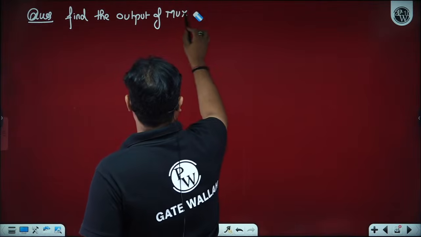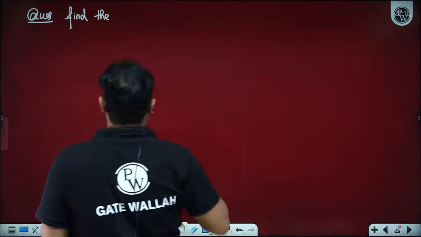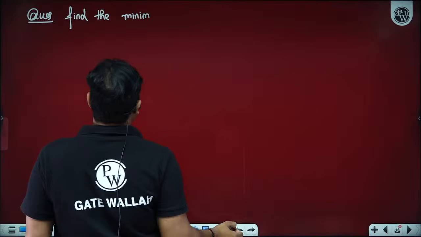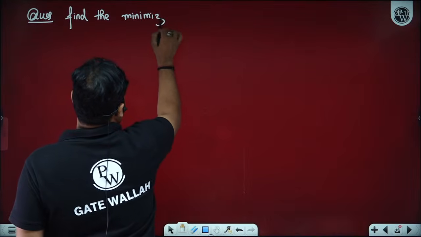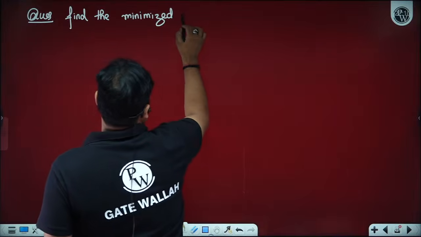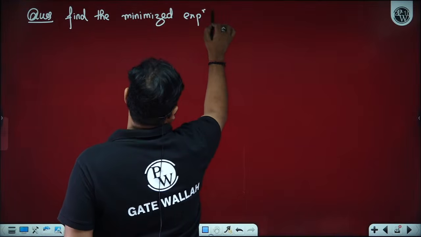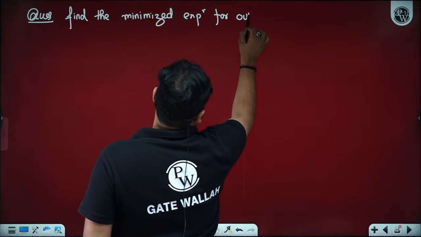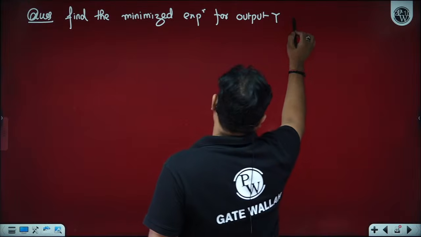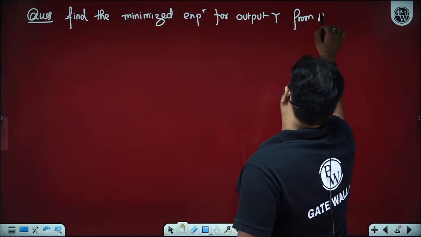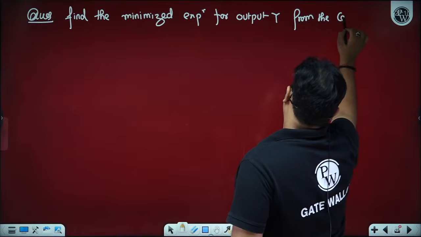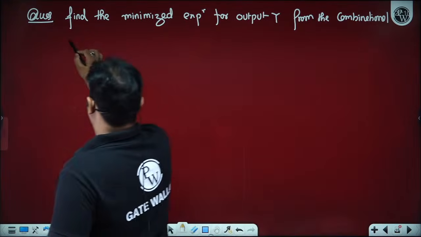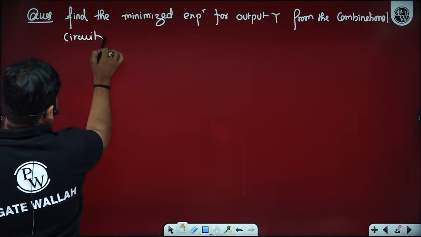Find the minimized expression for output Y from the combinational circuit shown below.